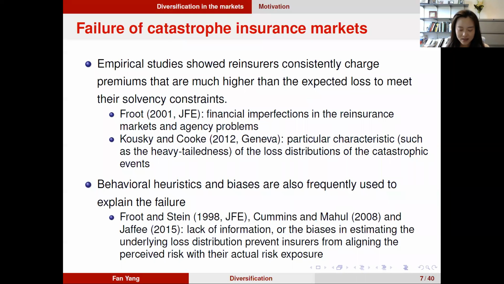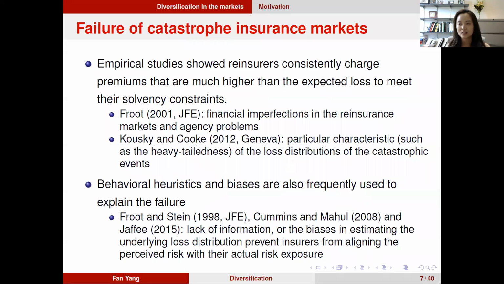So now, such a protection gap shows the failure of the catastrophe insurance markets. And why is that a failure? The insurance market doesn't really work for catastrophes. There is a lot of research devoted to this area.